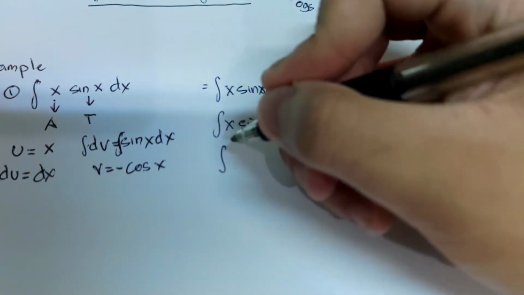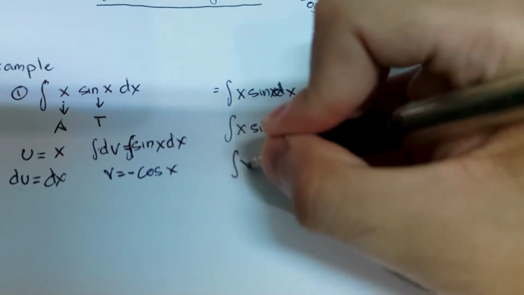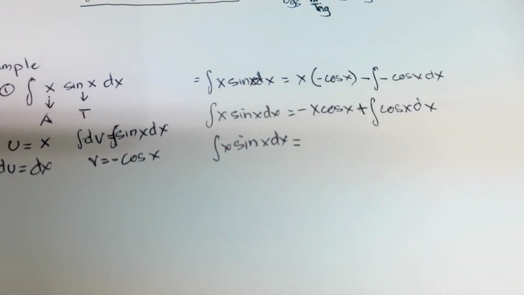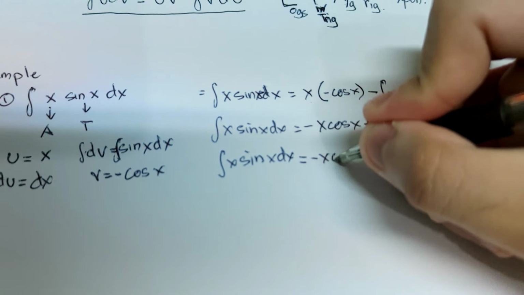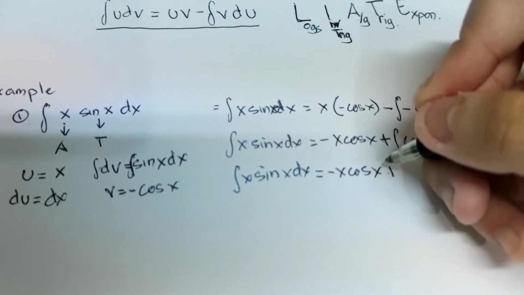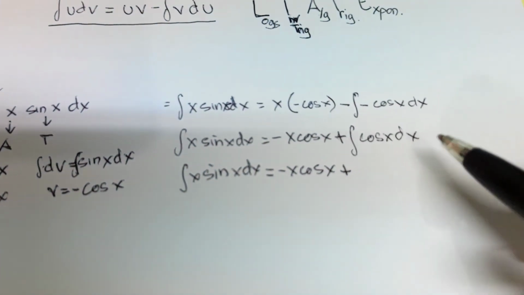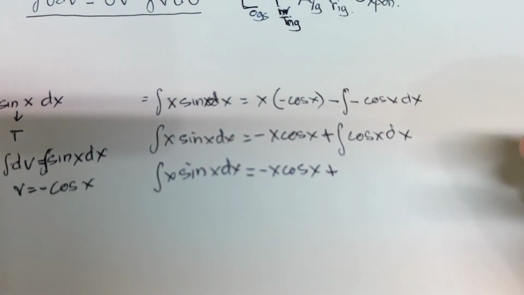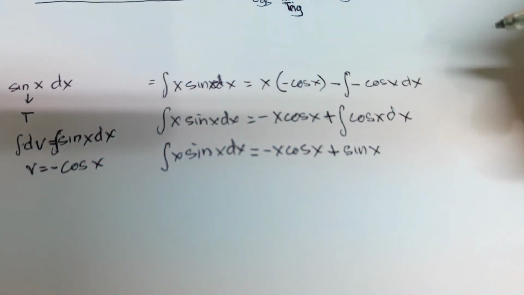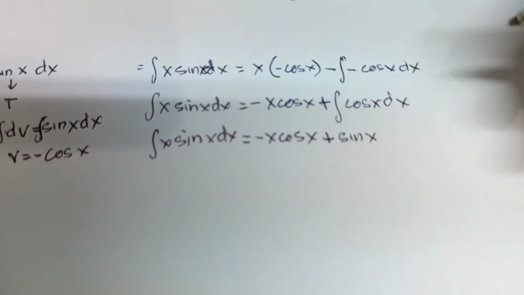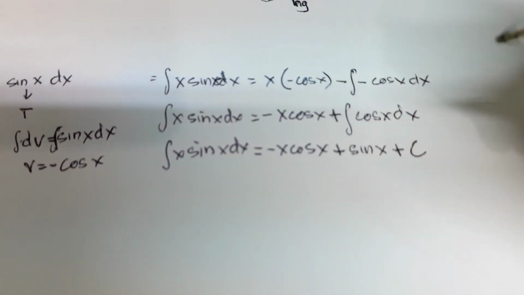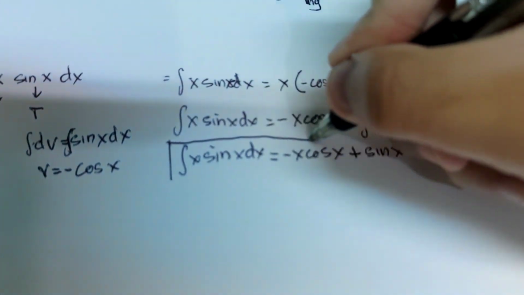So the integral of x sine x dx is equal to negative x cosine x plus the integral of cosine x dx, which is sine x. And don't ever forget your plus c. So this is the answer to the first example.